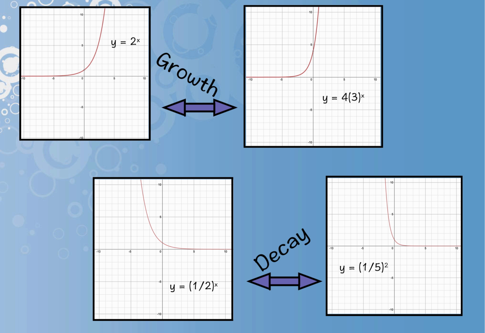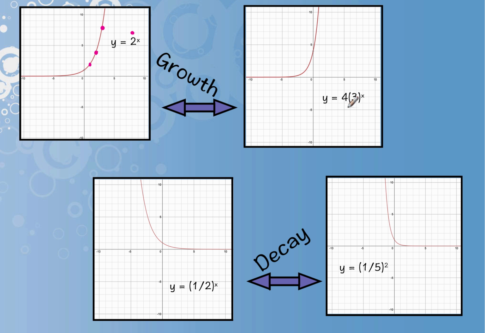So here we have examples of what exponential growth and decay look like. Well, it's kind of obvious which one is growth and which one is decay, because growth means to get bigger. As a matter of fact, this one right here is the example we started off with, the money. 2 to the first week was 2, 2 to the second week is 4, 2 to the third week is 8, and going on and going on.